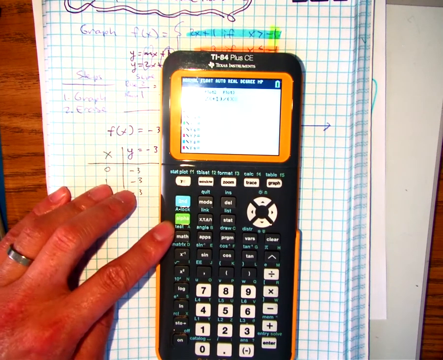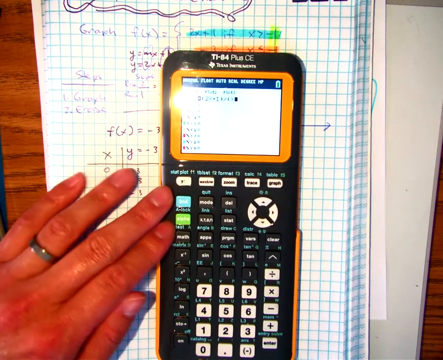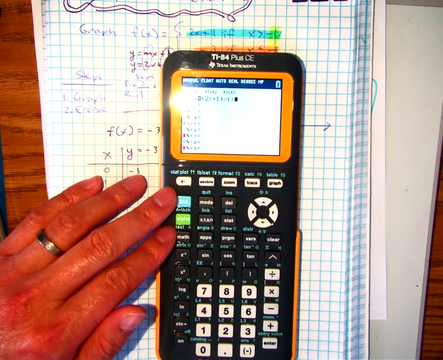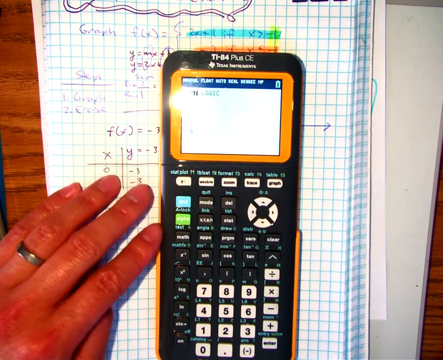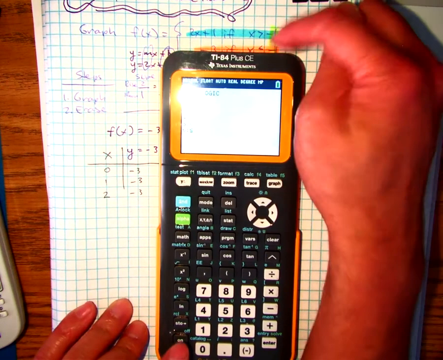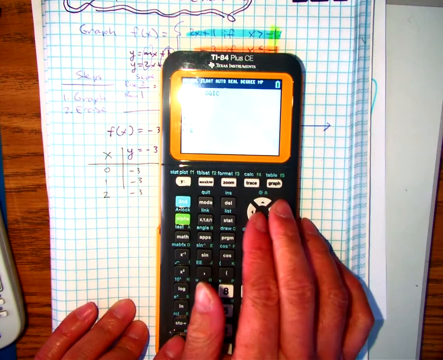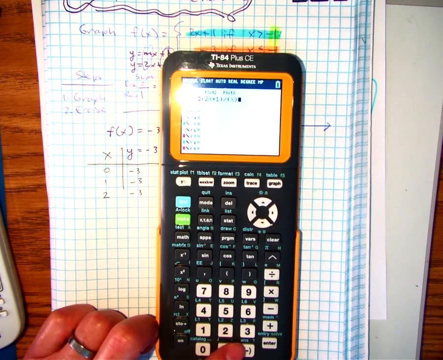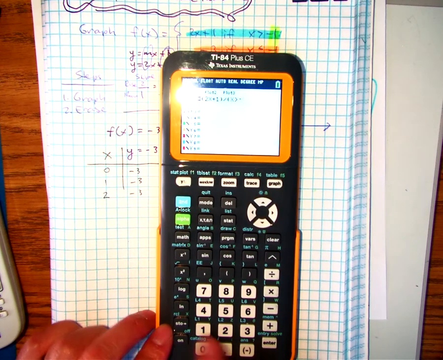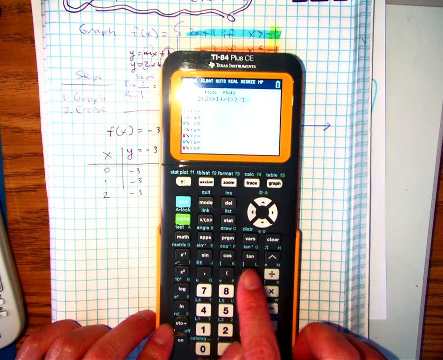Here's a new calculator command. I need to go to test. So I'm going to press second math. Class, what did I say? Second. There's my inequality sign, so I'm going to press greater than. Then your negative sign is down here. And then close your parentheses.